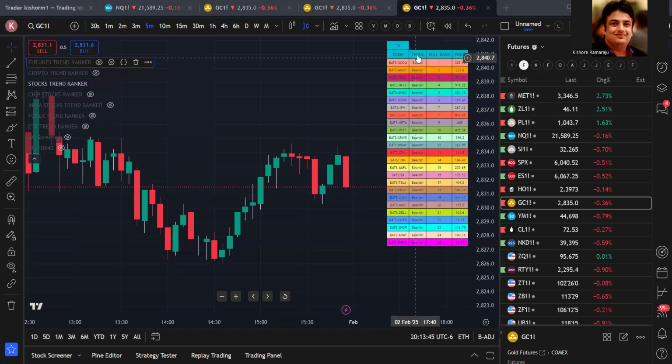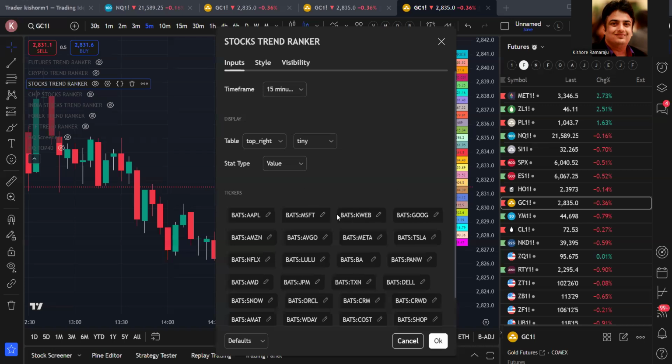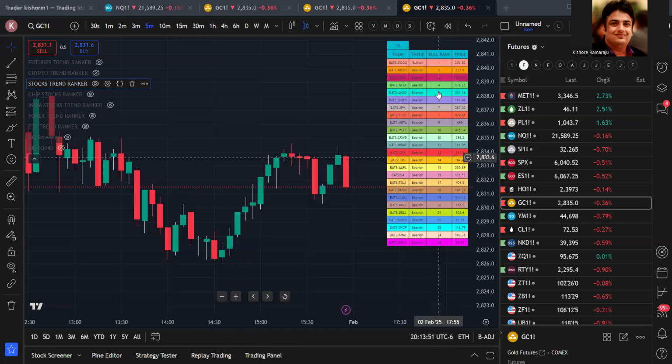In the same way, for stocks, whatever are your favorite stocks, you can input all the stocks information. And then it will look at the different factors. It will see lots of volume, moving averages, so many factors. And then it will tell you, okay, Google is bullish. Amazon bearish, Oracle bearish, Netflix bearish, mRNA is very bearish, MAT is very bearish, Shop is very bearish, like that.